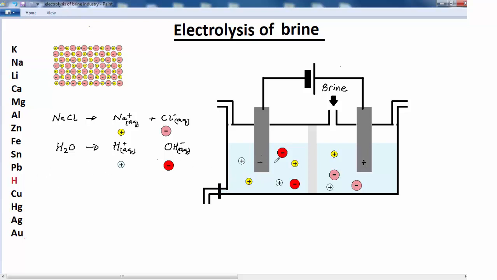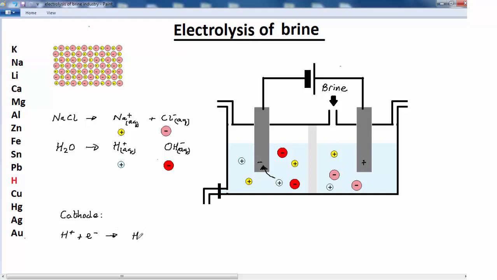If we look at the reactivity series, we've got sodium up here, it's way above hydrogen, so that means that it will be the hydrogen ion that is reduced at the cathode. So the hydrogen ion comes in and will gain an electron to produce a hydrogen atom.